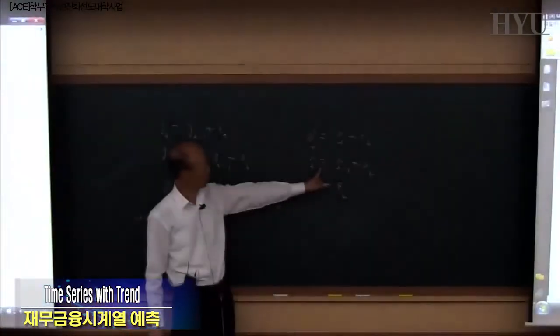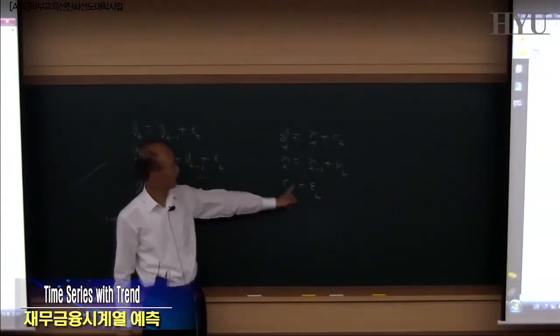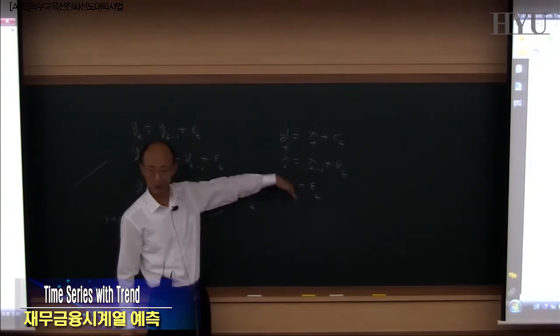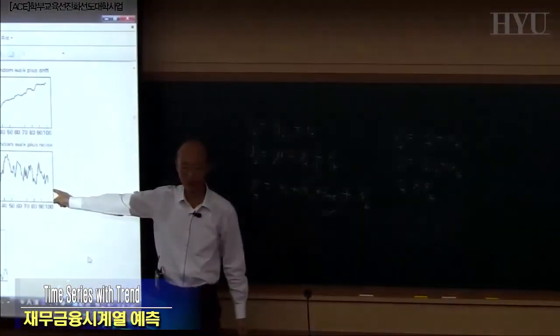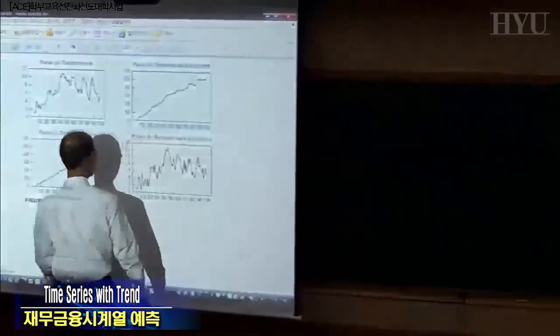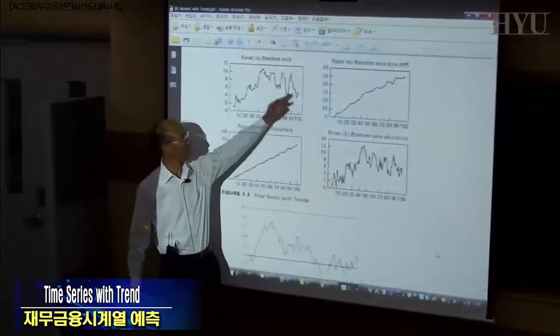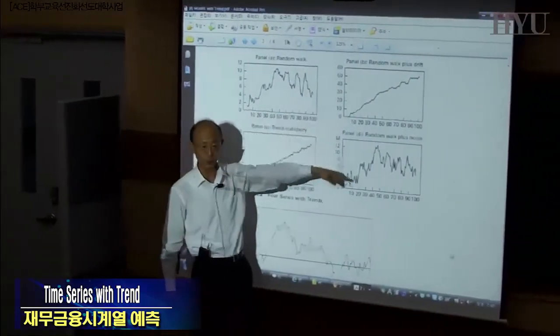So random walk plus noise. Some data may be generated by this type of process, right? And this is one realization. So just by looking at this series and that series, it may be difficult to distinguish which one is which, right?